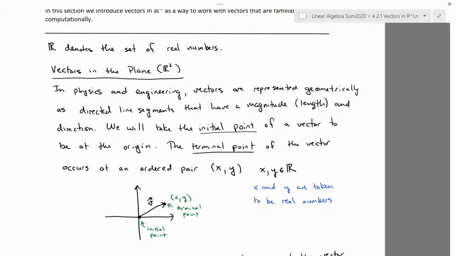This fancy looking R just denotes the set of real numbers that we're familiar with, and the number that goes with it, here R2, is essentially the dimension of the real vector space we're working with. So R2 means two-dimensional space, which is just the plane geometrically.